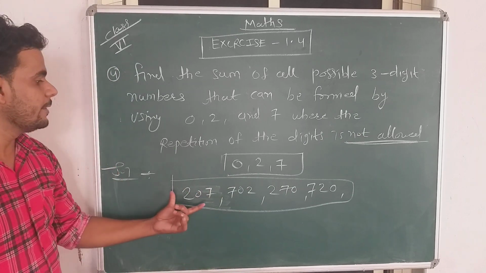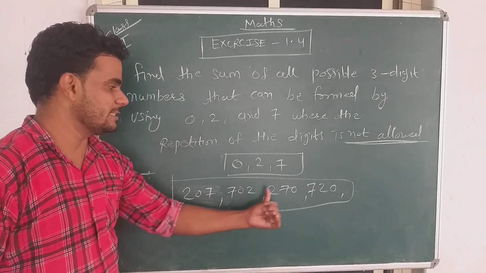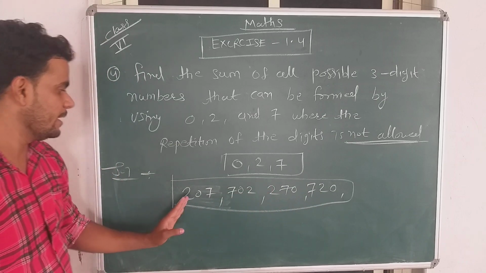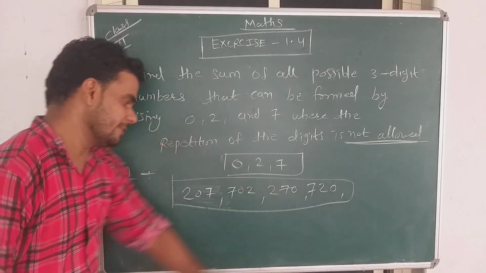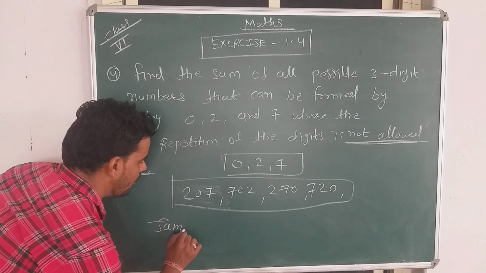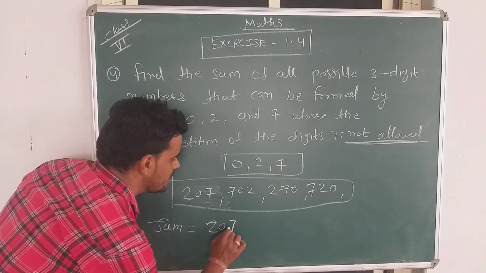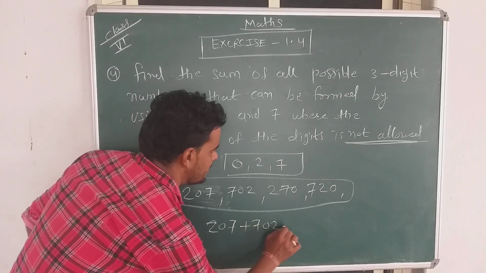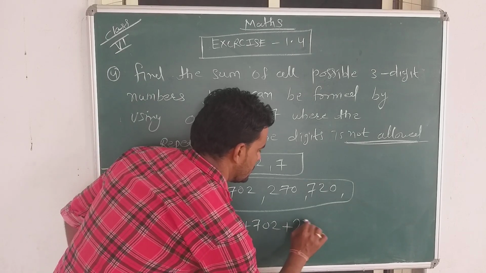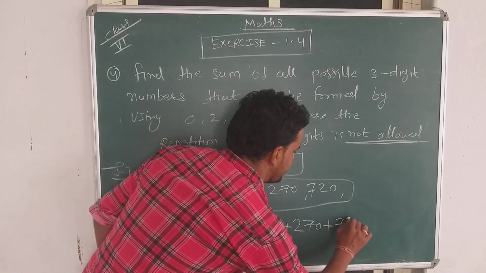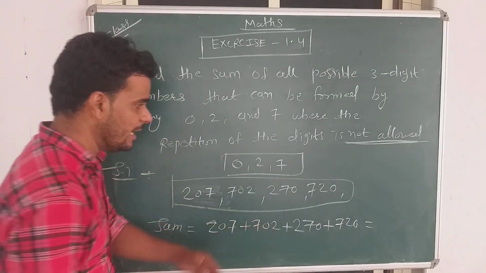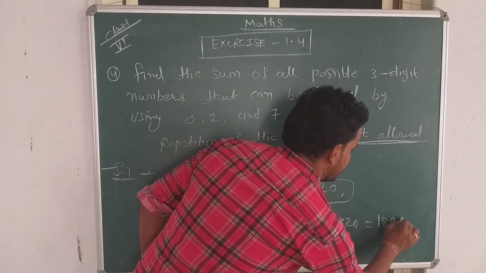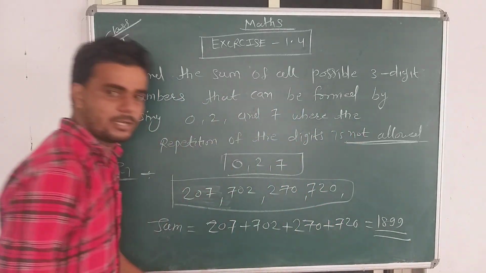And also find the sum. The sum is 207 plus 702 plus 270 plus 720. So it means the sum is 1899. This is your sum of the numbers.